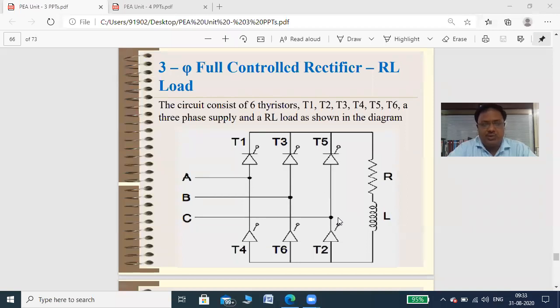So that may be 3 questions. Then the three-phase fully controlled converter and semi-converter. Again, a semi-converter with R load and with RL load. Similarly, the three-phase fully controlled converter for R load as well as for RL load. So there will be a total of 7 questions only on three-phase converters.